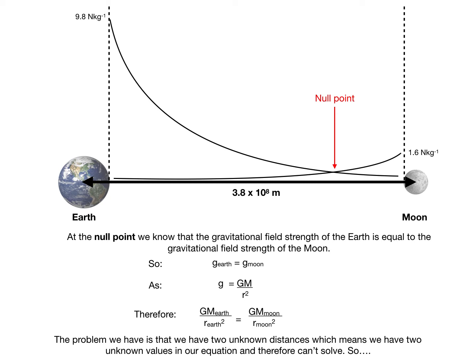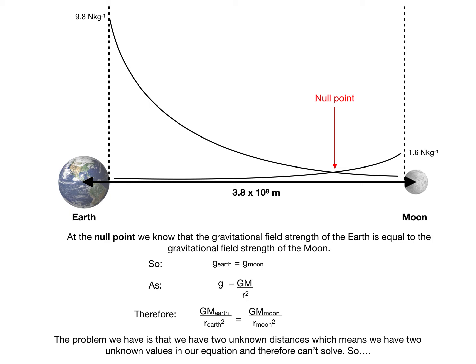At the null point, we know the gravitational field strength due to the Earth at that distance is equal to the gravitational field strength due to the Moon at that other distance. So we can put these two expressions together.